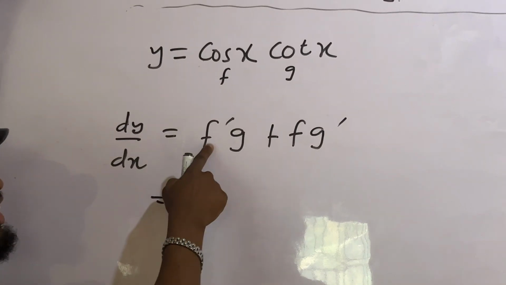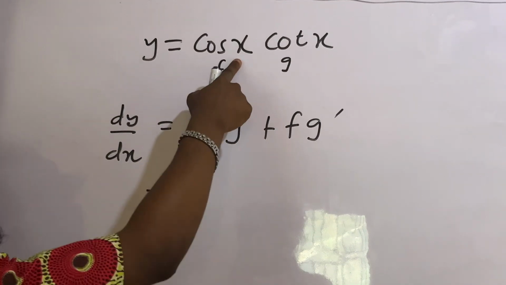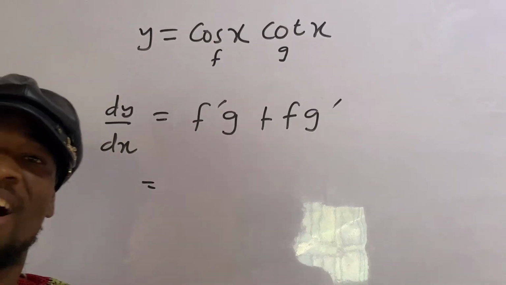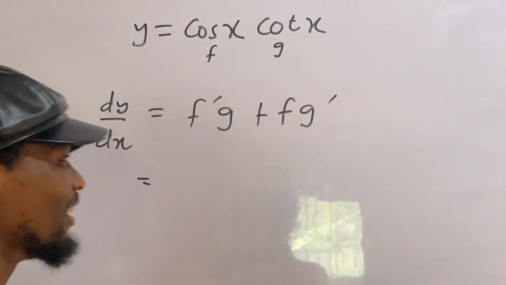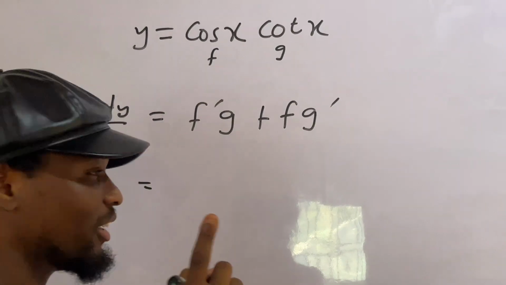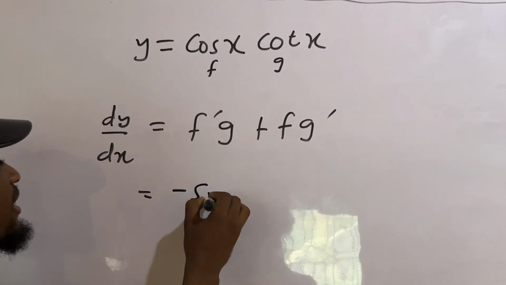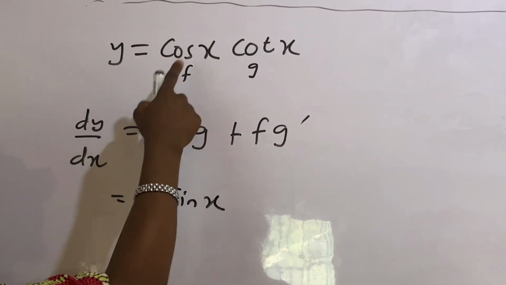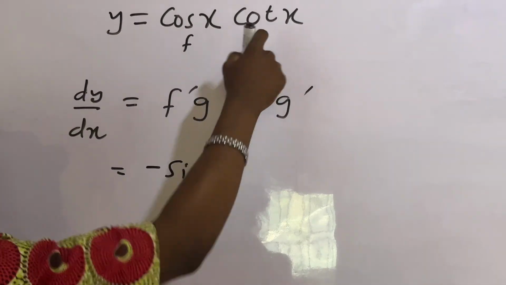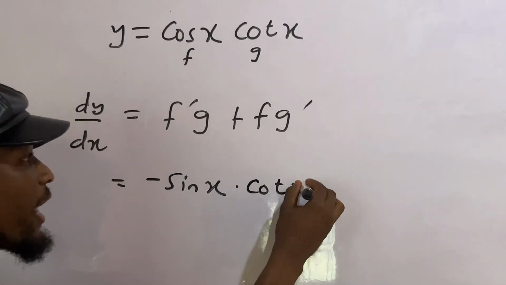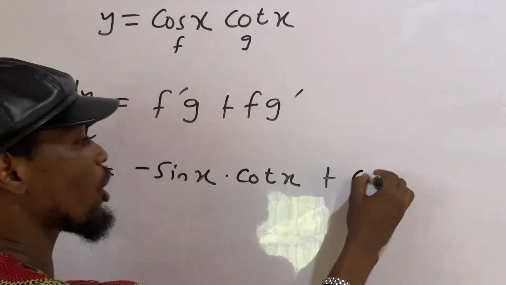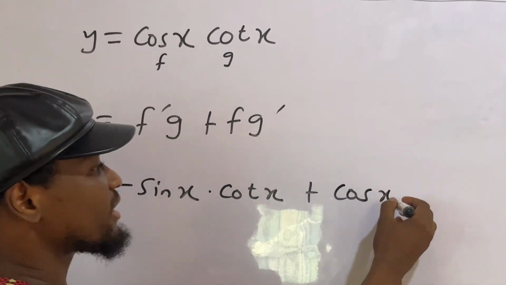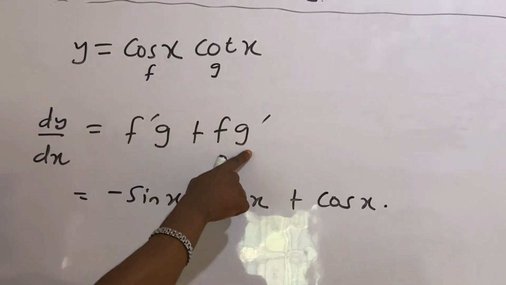So now, if I differentiate f, if I differentiate cos, I will get negative sine, not sine. Remember, I taught you all these tricks. So I have negative sine x, then you maintain your j, which is your cos x, then plus what is my function f? f is the cos function, which is cos x, then times your j prime.